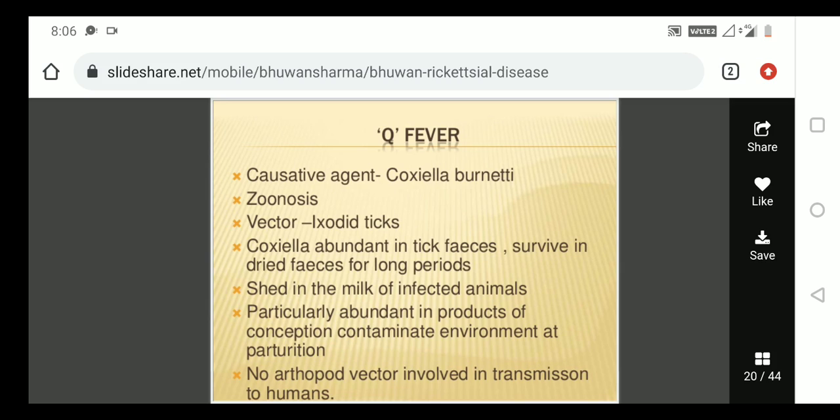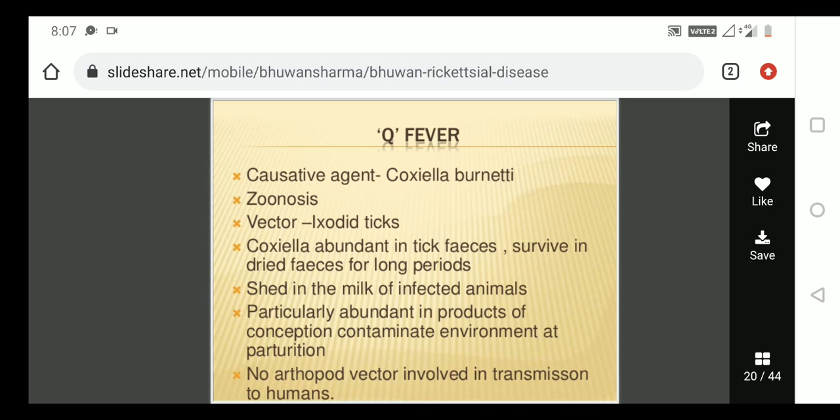Particularly it is abundant in the products of consumption of a contaminated environment at pasturage. If you do not pasteurize the milk, through that also we can get this Q fever condition.